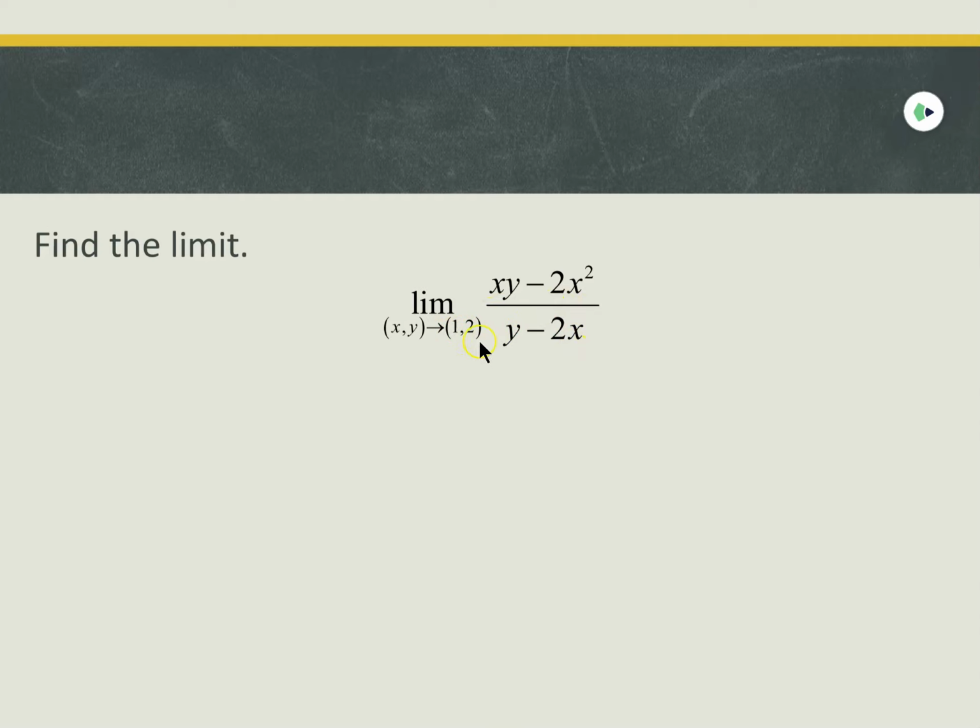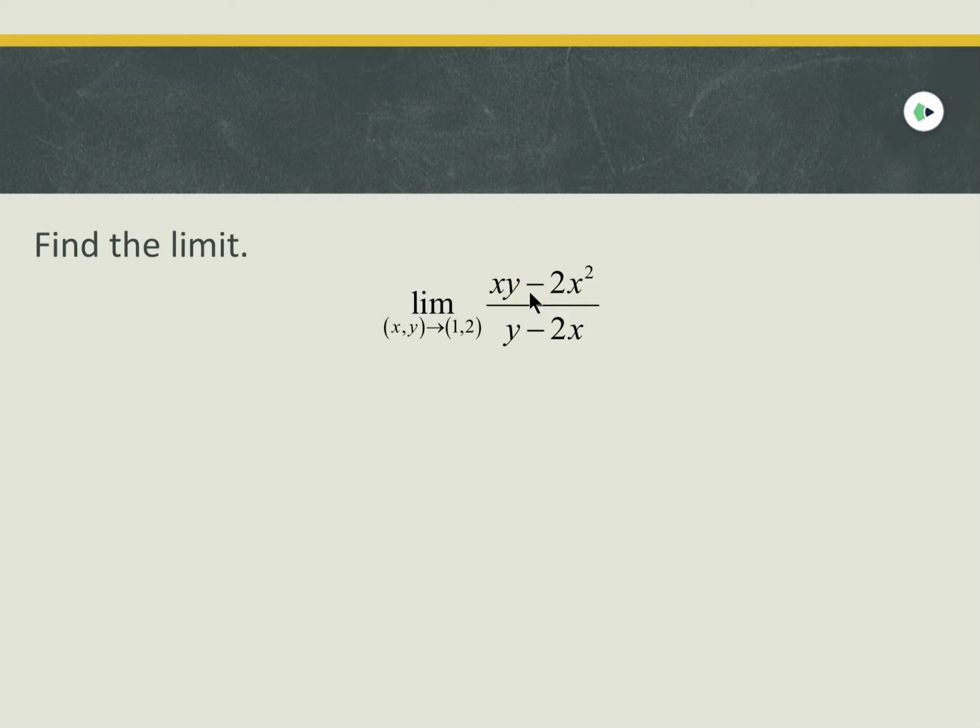So this denominator is approaching something that looks like 2 minus 2 times 1. So it's getting closer and closer to 0. So the limit of this denominator is 0. And if I do a similar analysis in my numerator, the limit of this numerator is 0 as well.